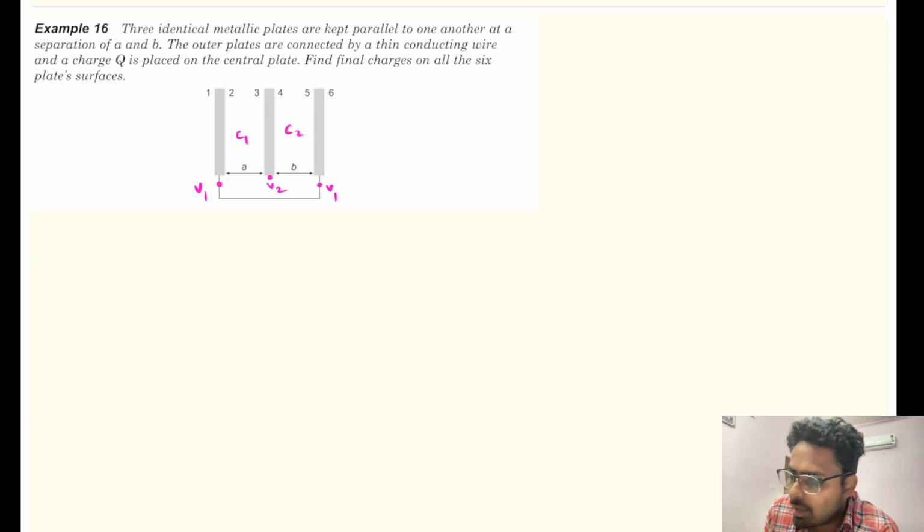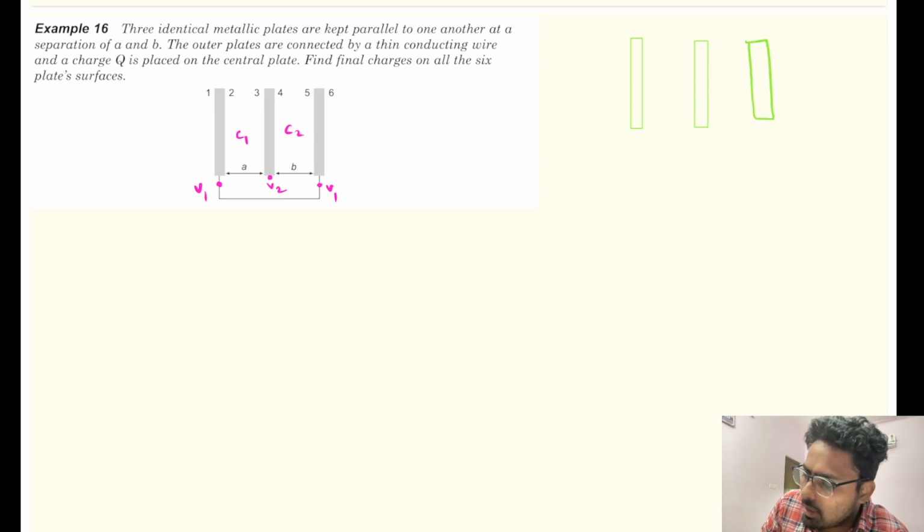Now they are asking to find the final charges on all the 6 plates. Initially they haven't given any charges. That's a note point because they haven't mentioned anything. Here I'll tell one more important note point. If you want, you can derive it. It's very easy by writing the equations, irrespective of the number of plates.